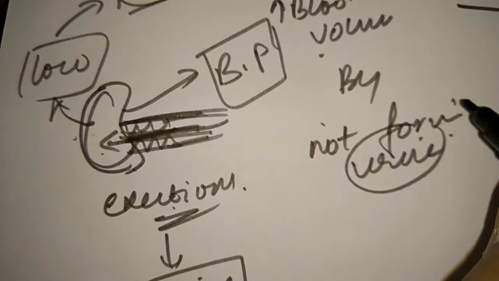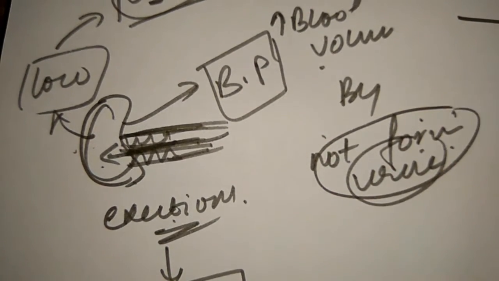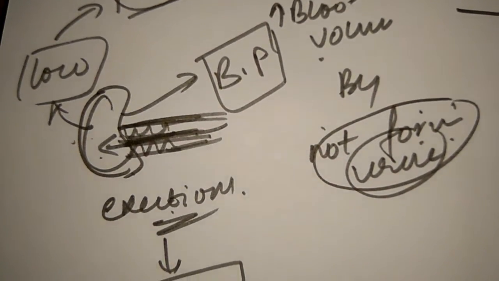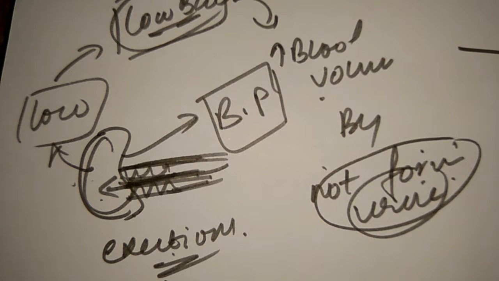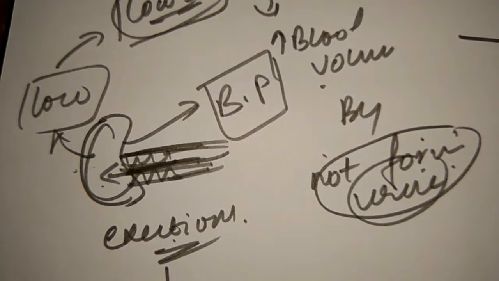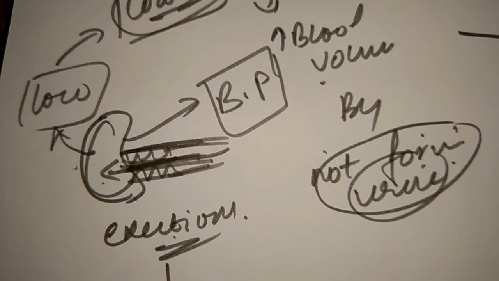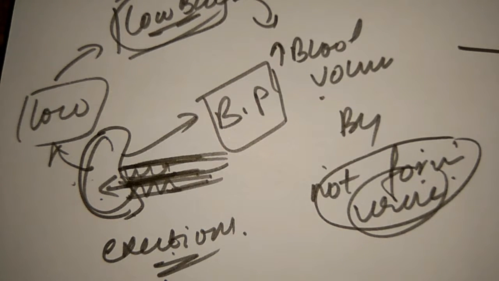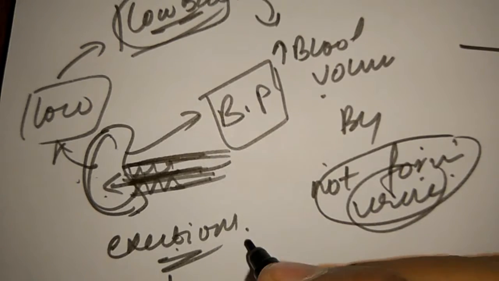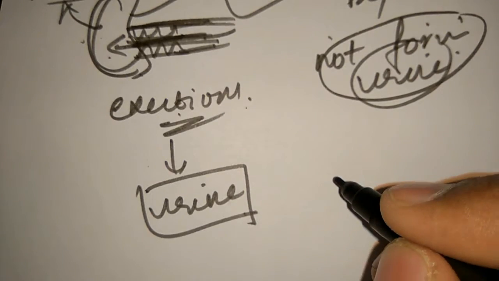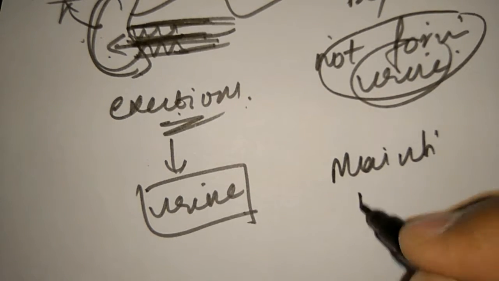So here the kidney is stopping this water excretion. Whatever water you take enters your blood, and this blood volume increases. In this way the kidney tries to increase the blood volume and its own blood supply, and plays one of the roles in maintaining your blood pressure.